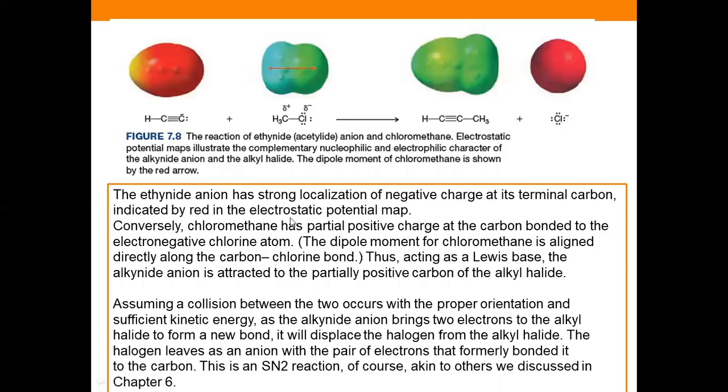If you have your alkyl halide, your halogen is the one that is more electronegative, so it will bear the partial negative charge, and the electron density between the carbon and halogen will be directed towards the halogen, so it becomes partial negative and carbon becomes partial positive.